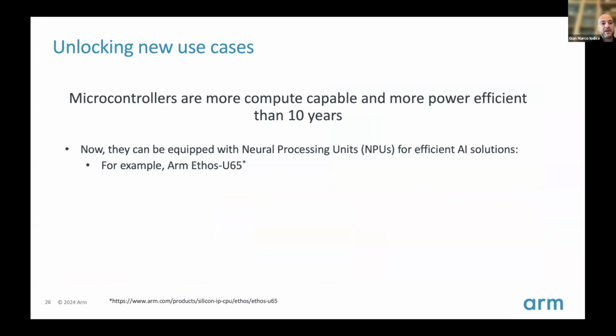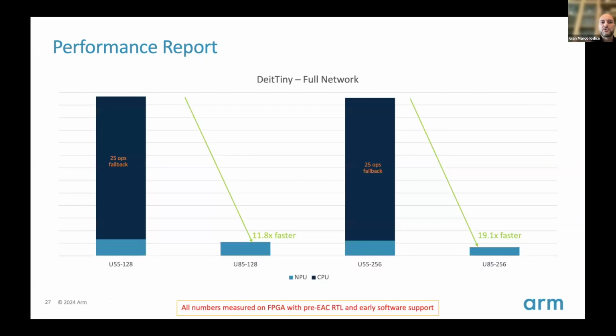Here I have reported a slide for the computational efficiency of the ARM Ethos-U85, not U65. I had a mistake in the previous slide. Here you can see that the computation is much more efficient than the previous generation. So compute capability is great.